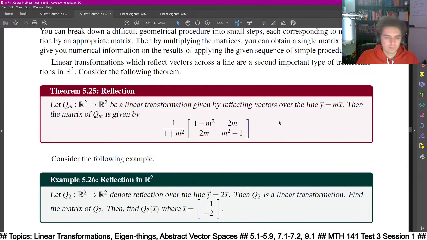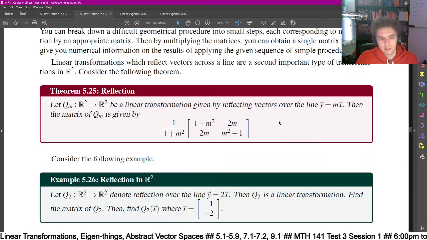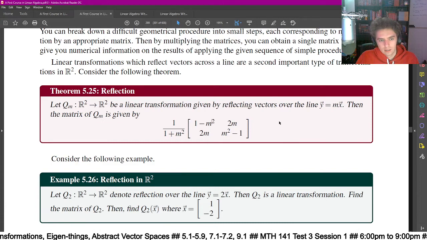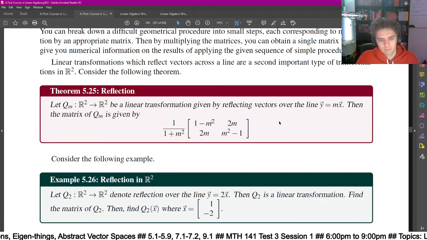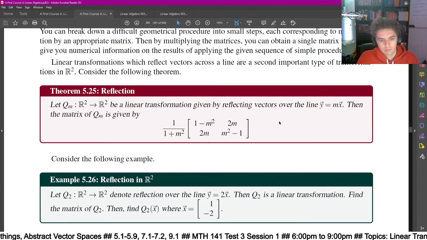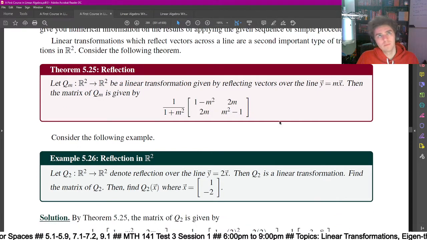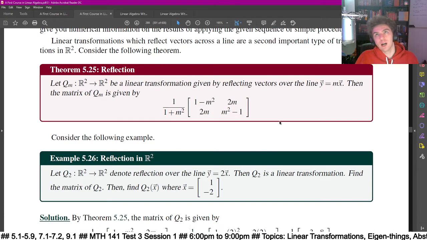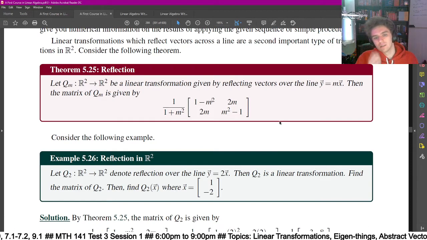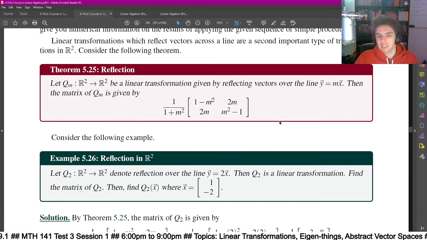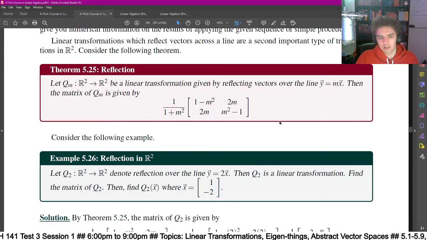They have reflection, but then they have reflection in R2. Could it go onto R^n, hypothetically? It just gets more complicated to define a line in R^n. In R2, you just need the m value of the line.